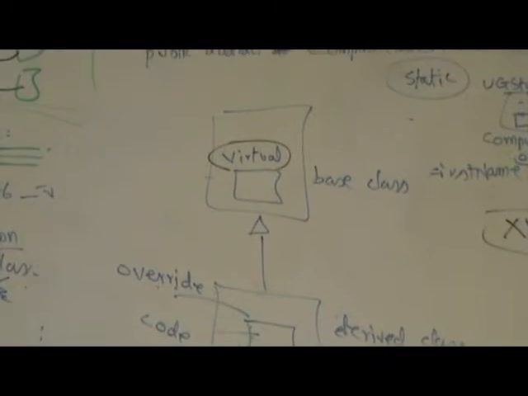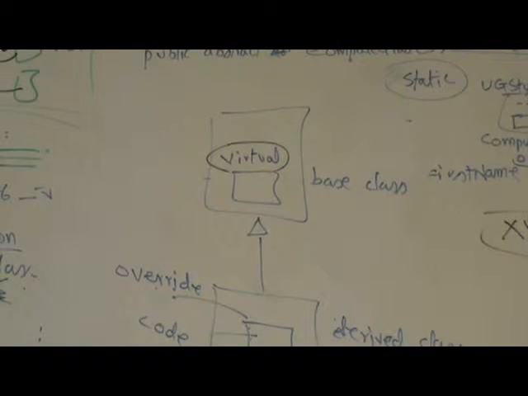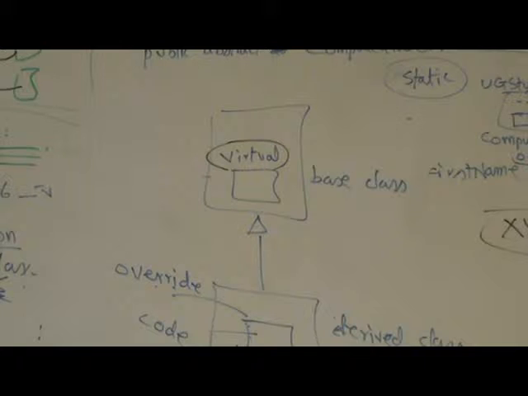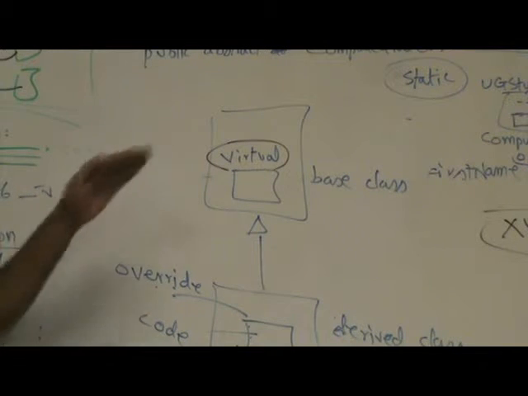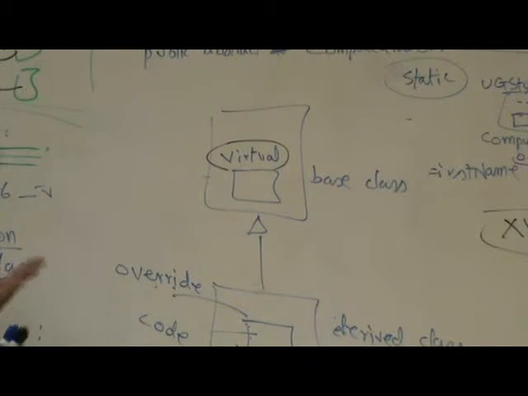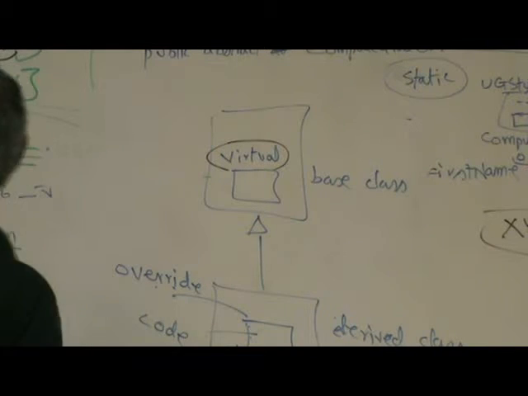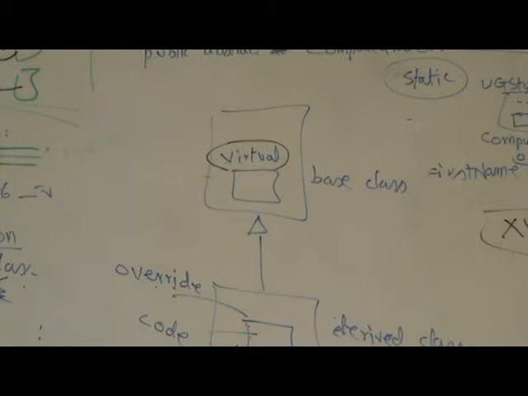If you're coming from a C++ background, it is the same as virtual in C++, but if you're coming from a Java background, there is no keyword called virtual in Java. So what does virtual mean? Other than the fact that it allows somebody to override, there is a significant meaning behind the keyword virtual. Let me explain what that means.